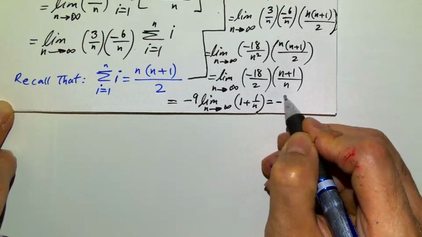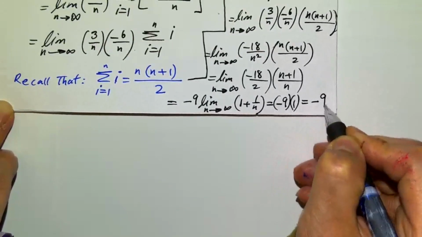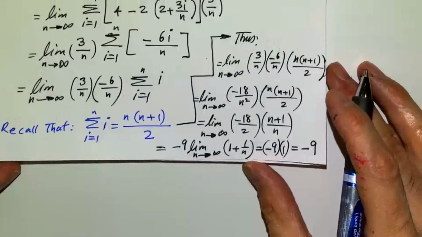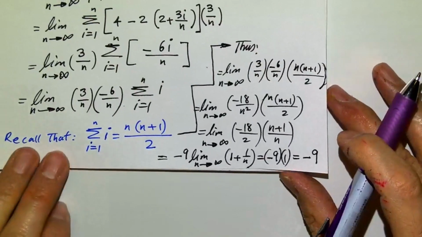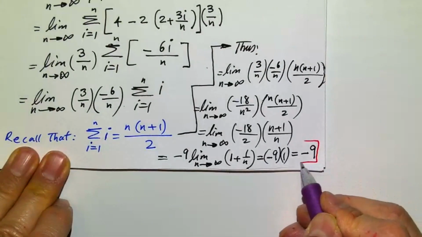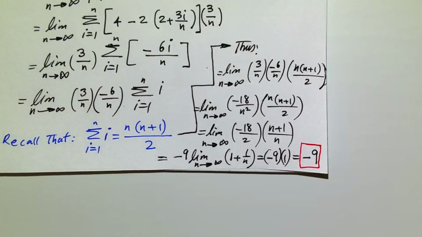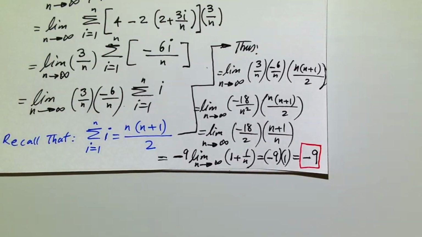So you get minus 9 times 1, or minus 9, is the final value of that definite integral. Okay, so I barely was able to fit this on the screen. All right, so that's applying the definition of the definite integral to approximating that quantity.